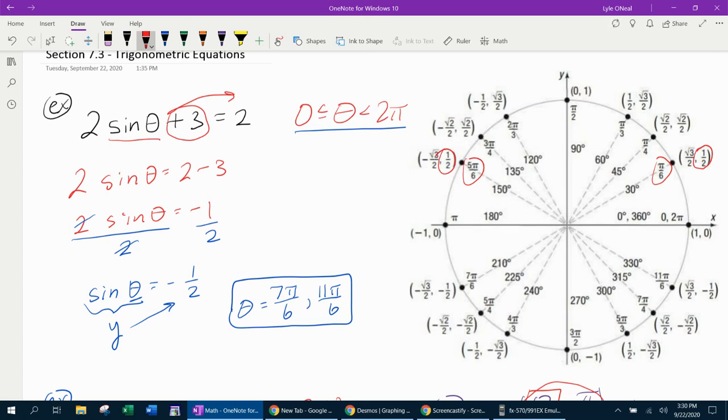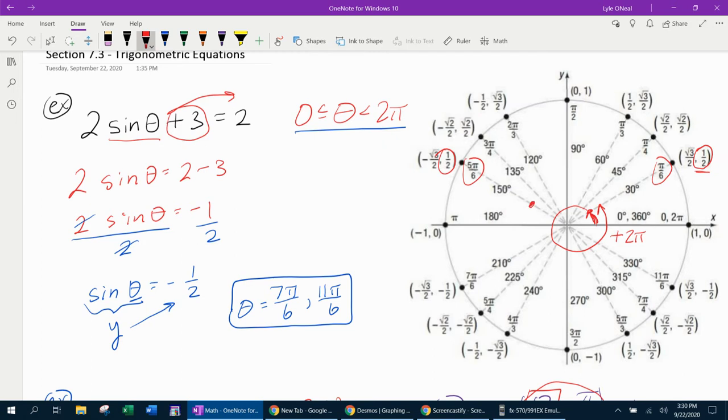And these are going to be periodic solutions, okay? If I go to pi over 6, that's a solution. But then if I make a full circle, I get back to a half, that would be another solution. So when I say periodic, I mean every time I add 2 pi to pi over 6, I'm going to get back to a half, which will be a solution.